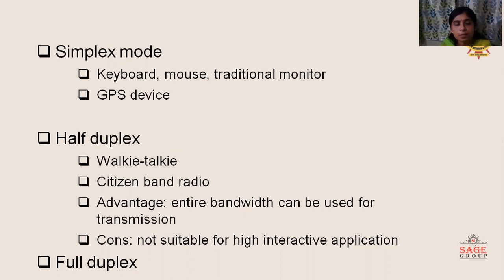Television is also the best example of the simplex mode of transfer. For the half duplex method, the walkie talkie is the best example. Entire bandwidth can be used for transmission, but it is not suitable for highly interactive applications. For full duplex, mobile and telephone are examples of full duplex transmission.